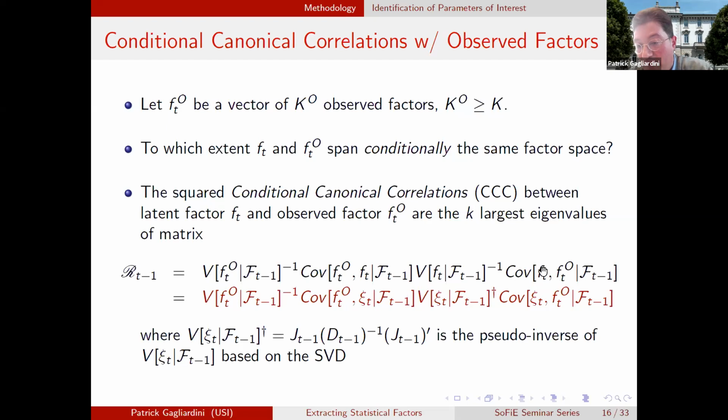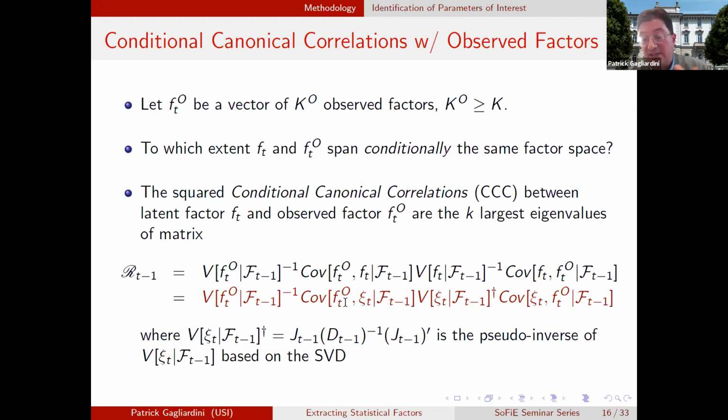Now, if I plug in for my latent factor f t the previous formula, I recognize that this matrix turns out to be this expression in red, which basically means that I can identify these conditional canonical correlations between the latent factors and the observed factors, basically from the conditional second moment of the vector of the portfolio or instrument weighted return, let's say, augmented by the vector of the observable factor f t, okay?